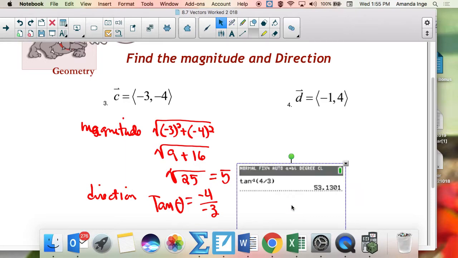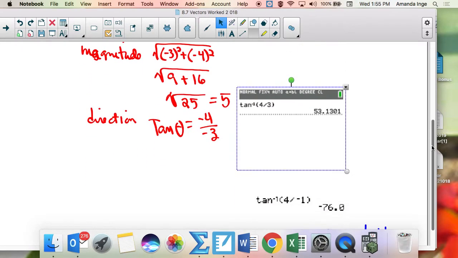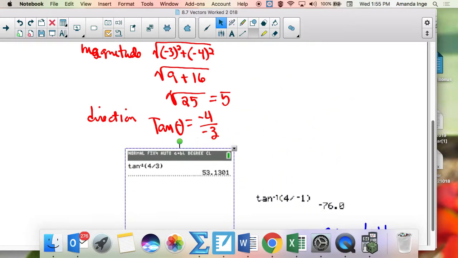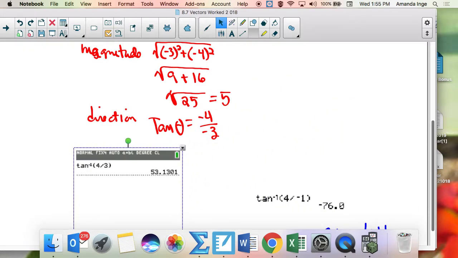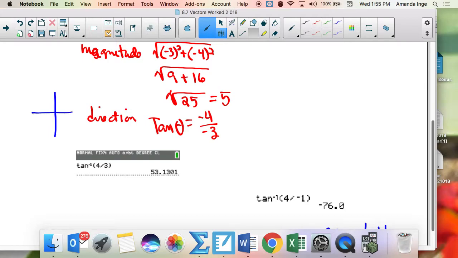Okay, so we got 53.13. So let's talk about that. What quadrant are we in, y'all? The third quadrant. So we're in this quadrant over here.